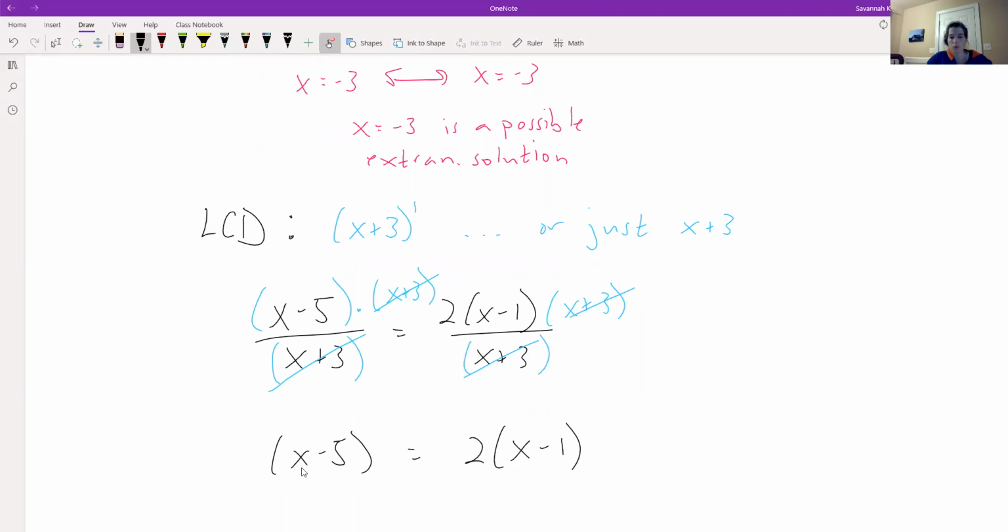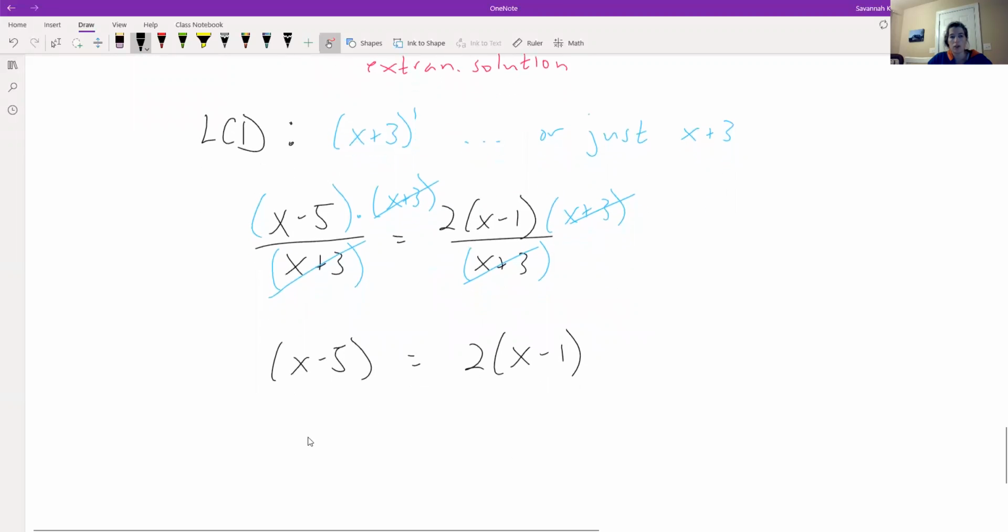And the parentheses around the x minus 5 at this point, since there's nothing sitting out front or back behind to multiply through, are unnecessary. So x minus 5 can just sit like that. On the right-hand side, though, the 2 will have to distribute. So we get 2x minus 2.